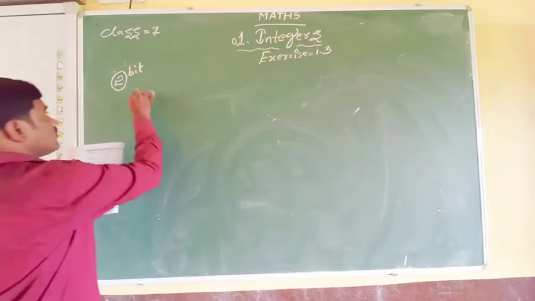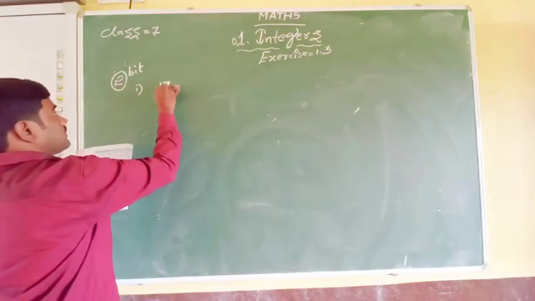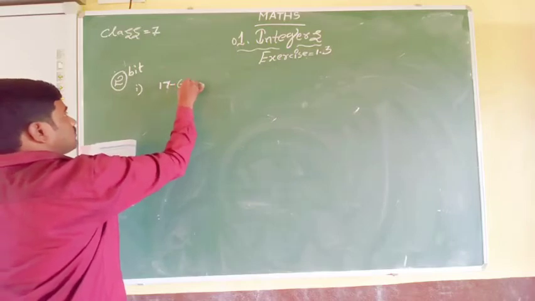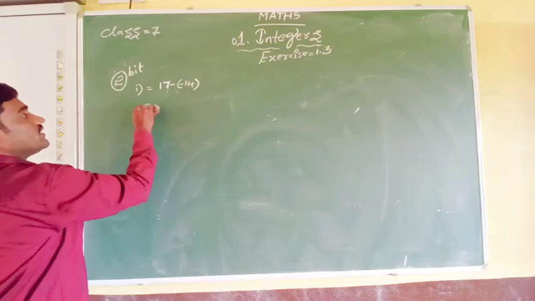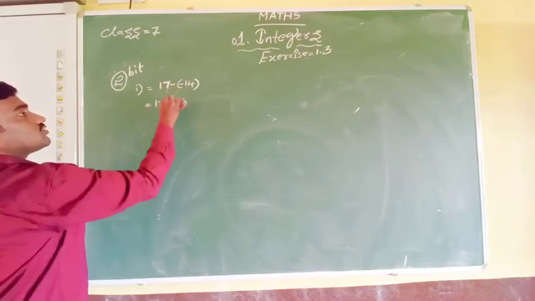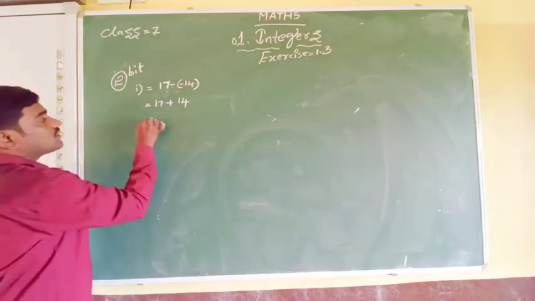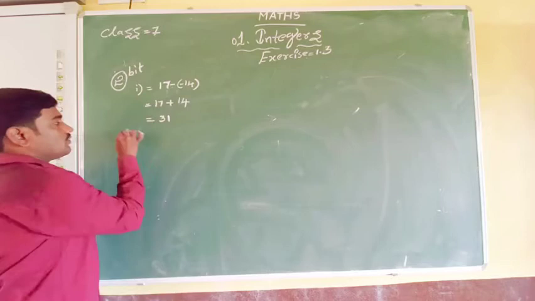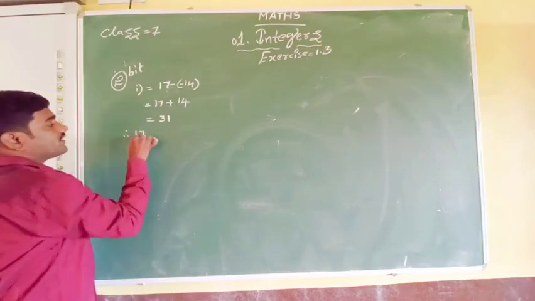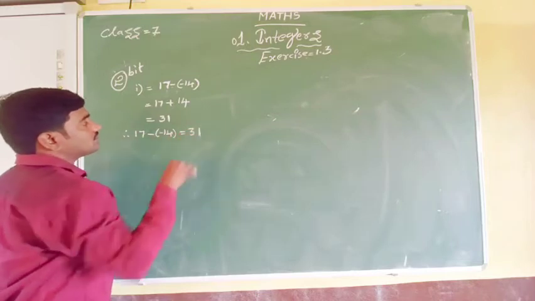So let me go for the first one. 17 minus of minus 14. So here, 17 minus into minus is plus 14. 17 plus 14 is 31. Yes or no? Therefore 17 minus of minus 14 is equal to 31.